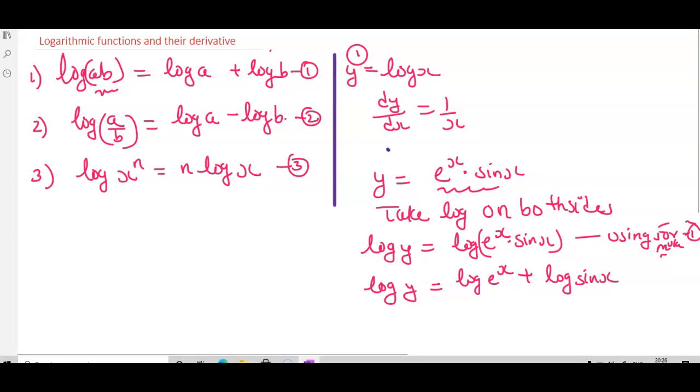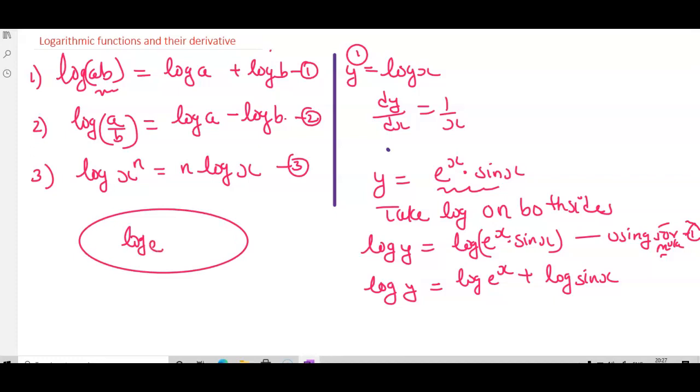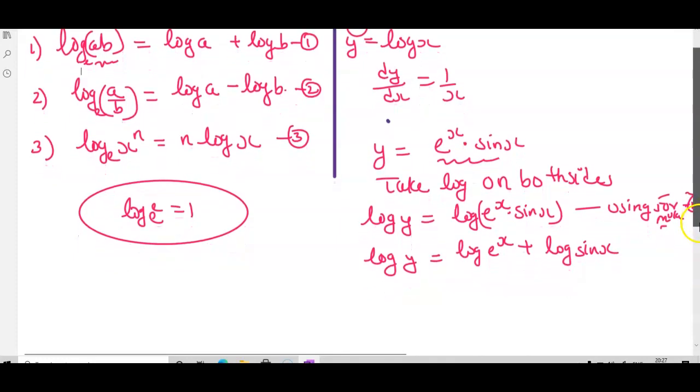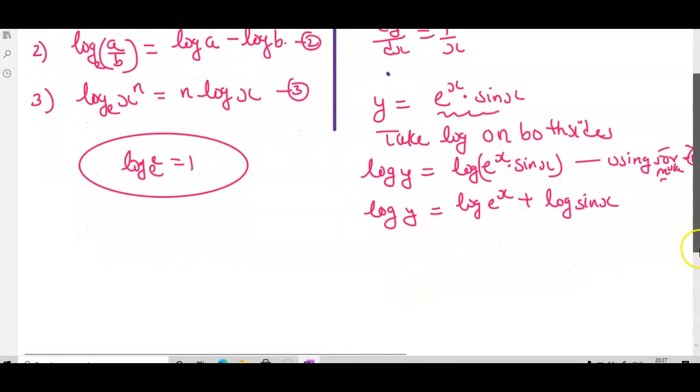Prior to it, I should also let you know that log e to the base e is 1. All the bases which I am using in the log are e. So whether you write log x in derivatives, it automatically understands that you are writing log to the base e. Okay.